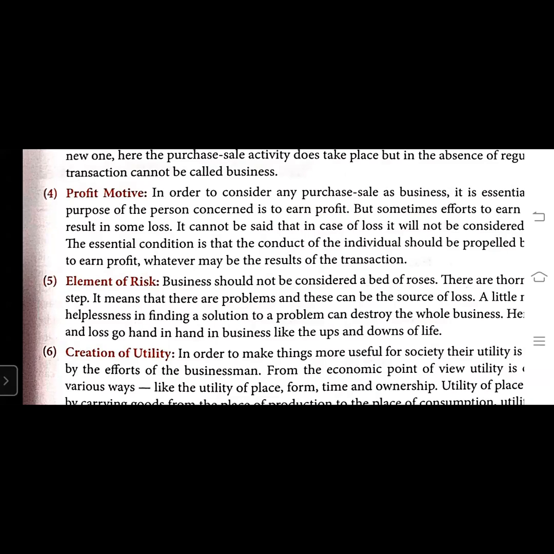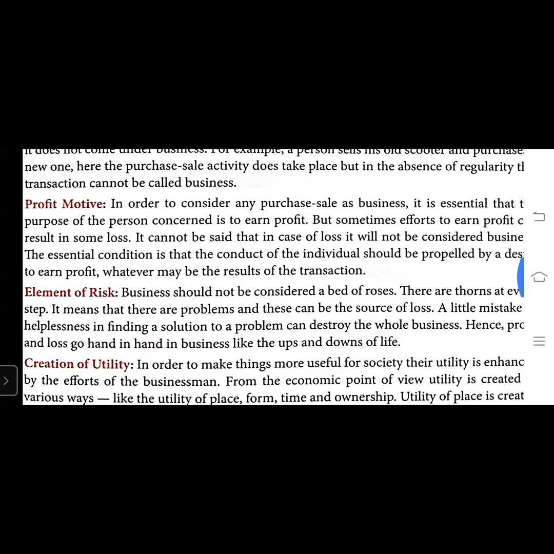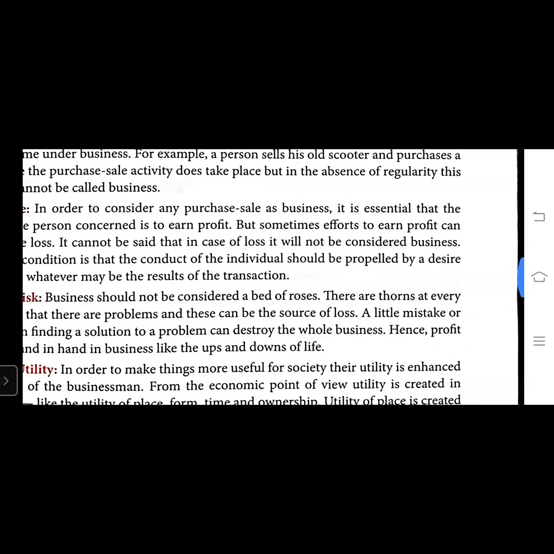If any business sells goods only at cost price, then it will not continue for a long time. So due to this reason, businessmen make all possible efforts to maximize profits. Okay, and so it is essential that the purpose of the person concerned is to earn profit.